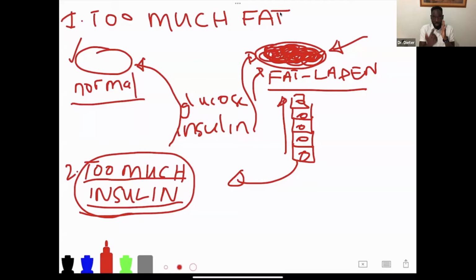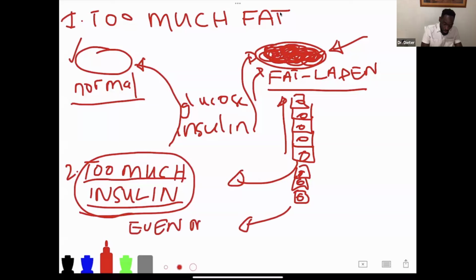So a narrower door means less glucose comes into the cell, more glucose remains in the blood, accumulates in the blood. That more glucose that accumulates in the blood now is a trigger for the pancreas to produce even more insulin. And even more insulin is like going from fry pan to fire.